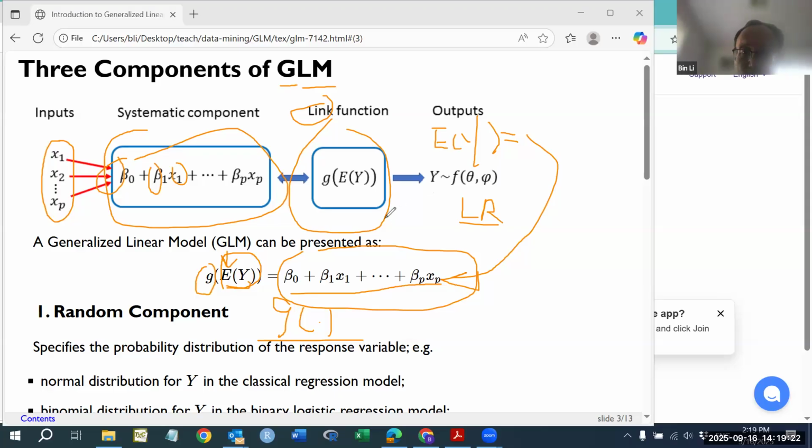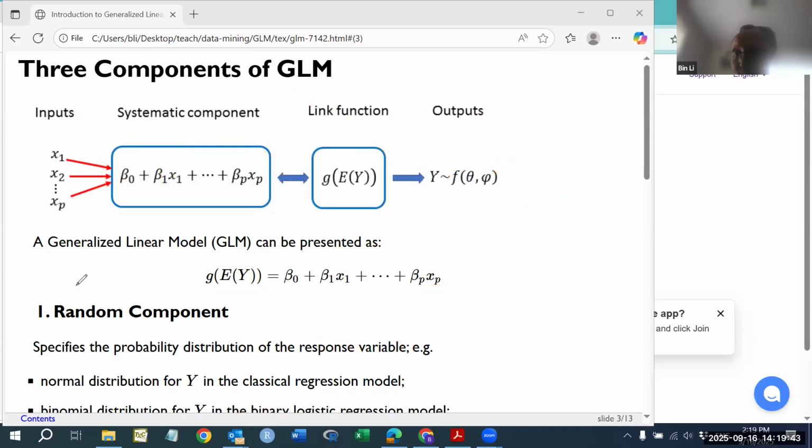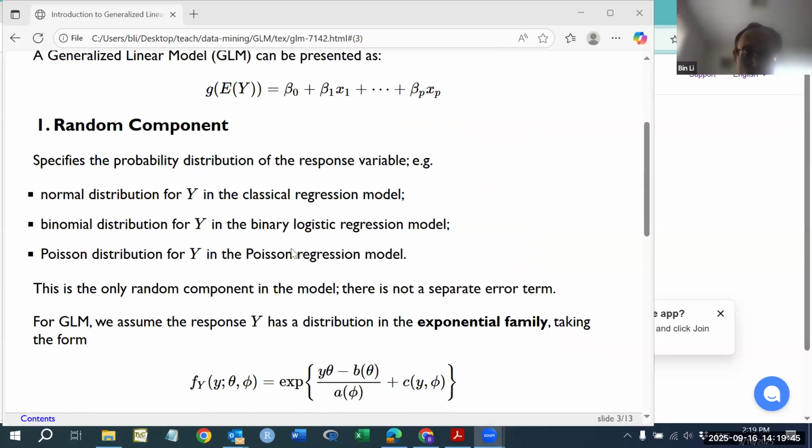The third part is the output part, where y follows a distribution. That's the random component. So it has three parts: systematic component, link function, and the random component. Let's see some details.